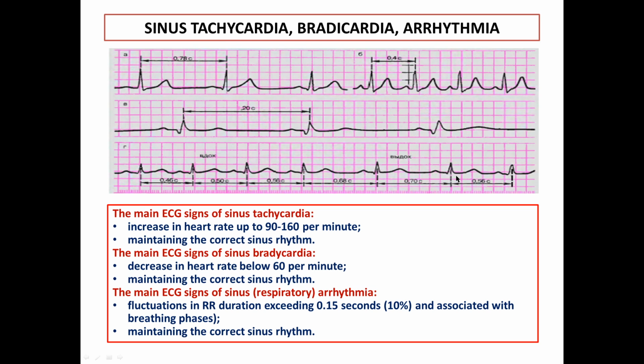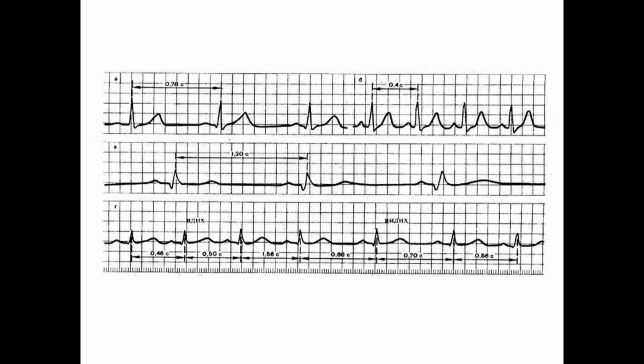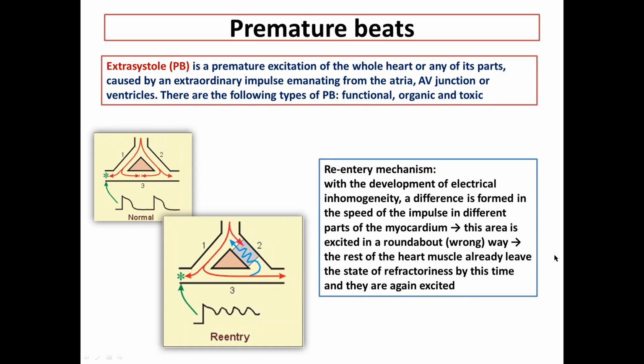This respiratory arrhythmia, sinus arrhythmia, may sometimes belong to a respiratory disorder, or sometimes may occur in young patients, and may be characteristic for teenagers. You see again, this is normal rhythm. Here is sinus tachycardia, here is sinus bradycardia, and sinus arrhythmia.